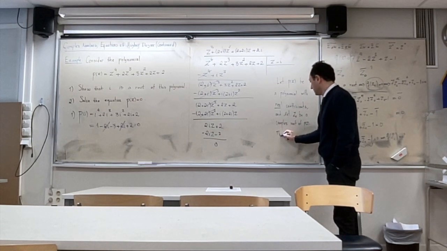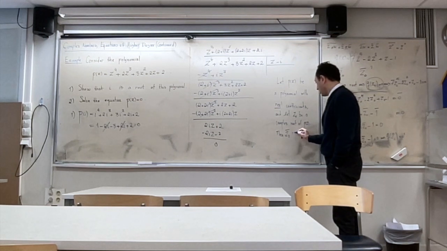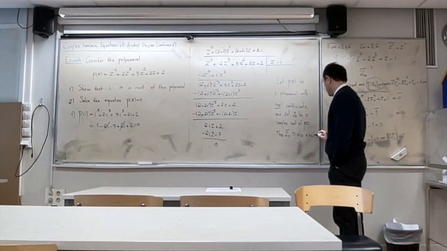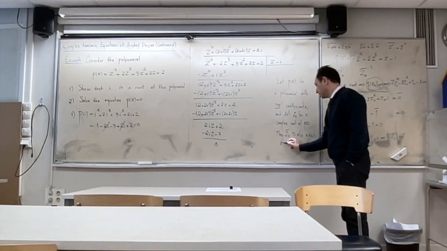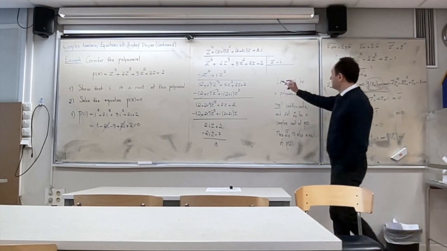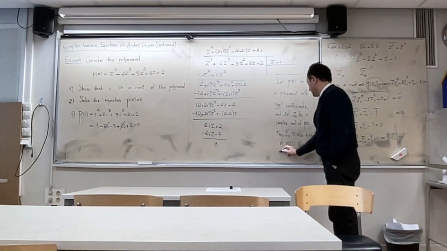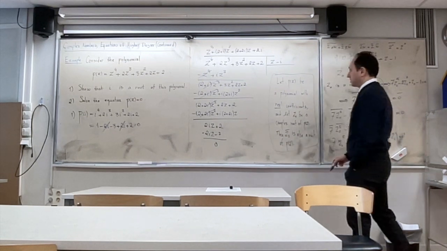Then z naught bar is also a root of P of z. So that's a very important remark. It's a little bit of a game changer in this problem.